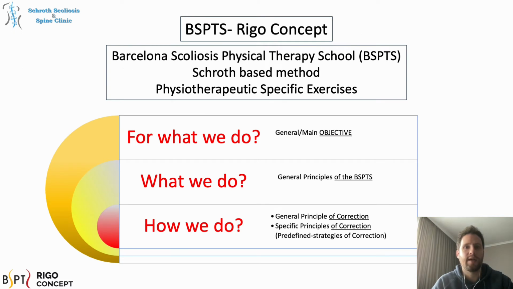In order to understand how we apply the BSPTS-Rigo concept, we need to answer three questions. The first is what for, the general or main objective. What we do are the general principles of our school, and how we do it is the general principle of correction and specific principle of correction.